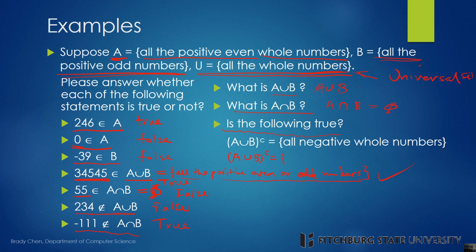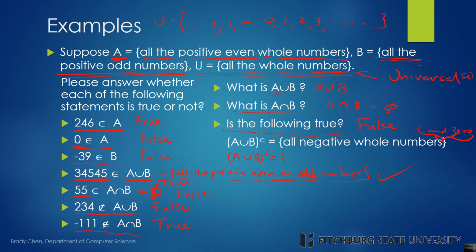Actually, this is not true. Why? The complement of A union B includes all the negative whole numbers. That's true, but it should also include 0, right? If you think about the whole numbers, the universal set, you include 0, 1, 2, 3, all the way, and -1, -2, -3, and so on.